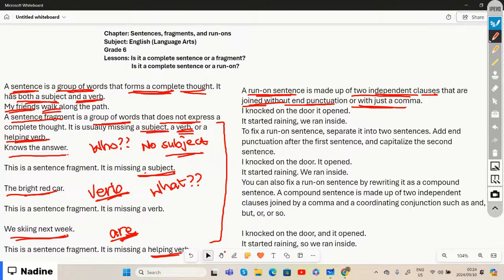If you look at that run-on sentence, do you think that sentence is complete? Do you think that sentence is correct? I knocked on the door. It opened.